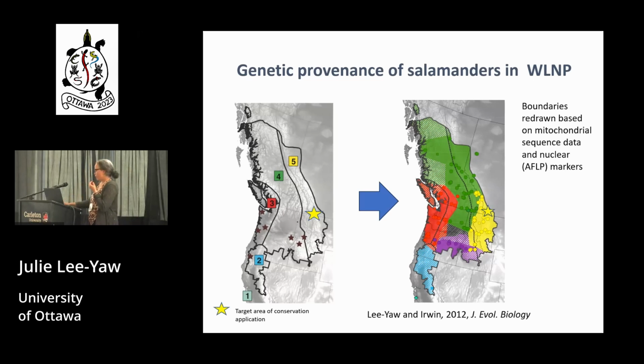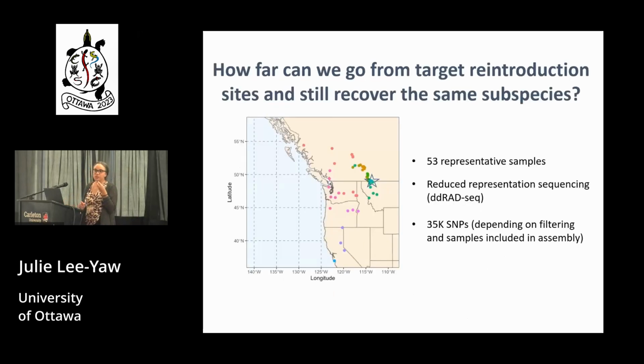Okay, so that's great, but we needed a more accurate answer for our conservation partners as to how far away from our target area of interest we can go and still recover the same genetic species and subspecies. To answer this question, a postdoc in the lab made use of some of the samples that I had. There's also been some additional sampling that's occurred more recently. We included in this first analysis 53 representative samples.